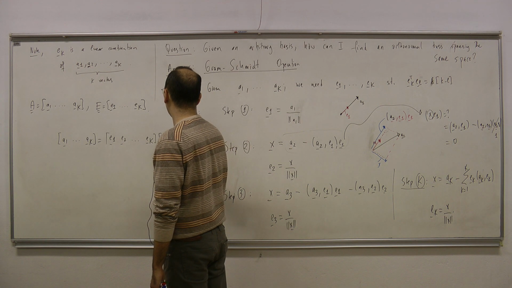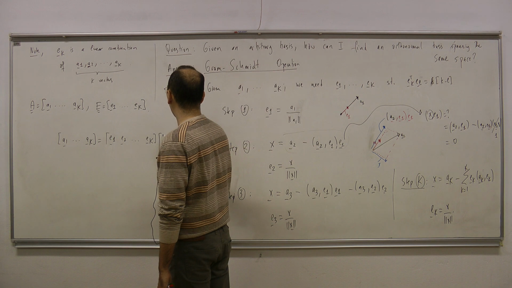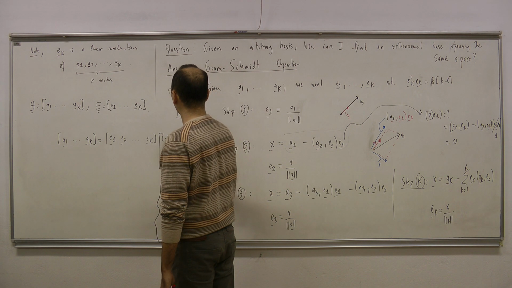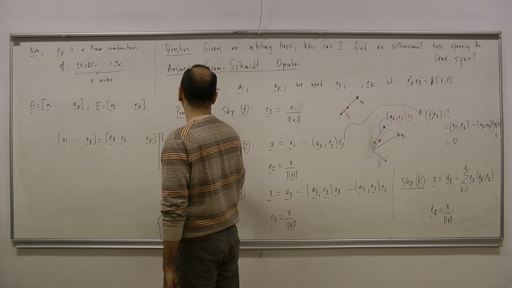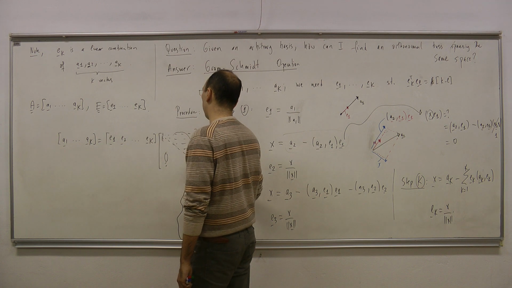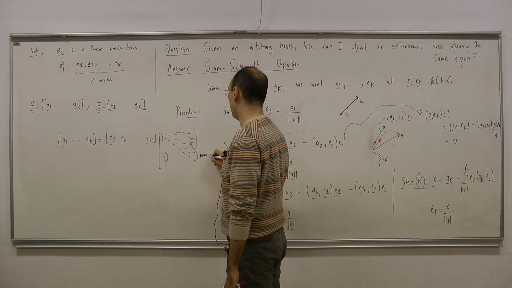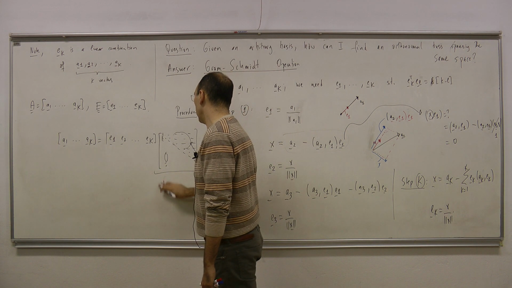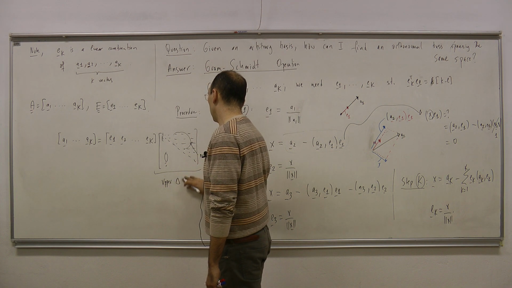So I have 0 over here, and I have non-zero numbers over here. Let me put entries like this. So this part is non-zero. So this is an upper triangular matrix.